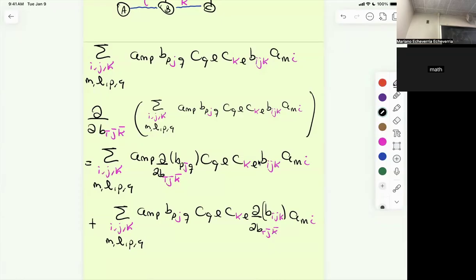Each of these partial derivatives is a product itself, right? But now you have to be careful because again, of the matching.